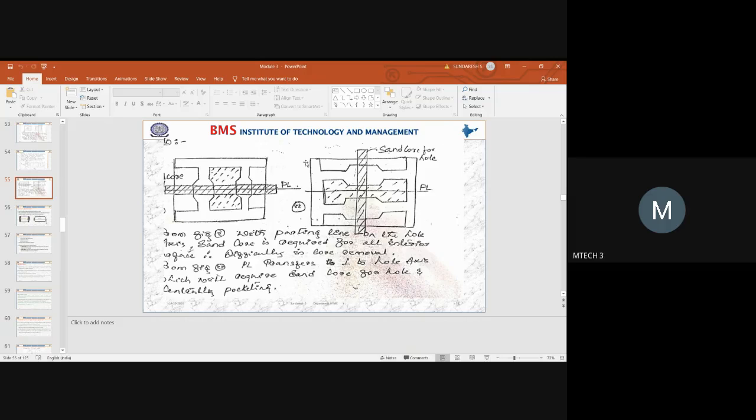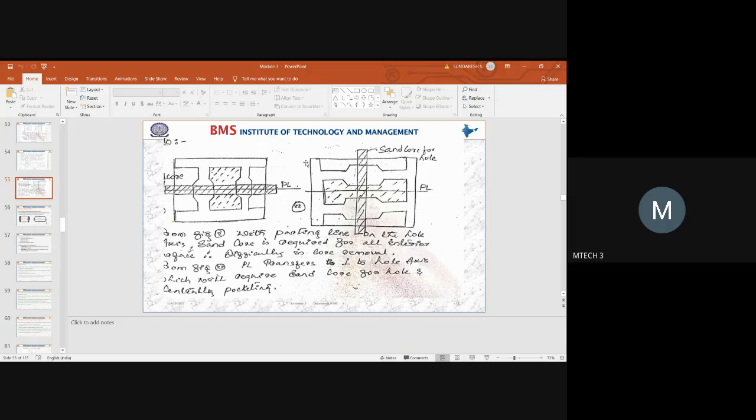So please be careful. Okay, try to write the diagrams neatly. Don't make mistakes in drawing the diagrams. Please indicate the labeling you are supposed to do, and also please specify whether the sand core is required or not, and remember that.